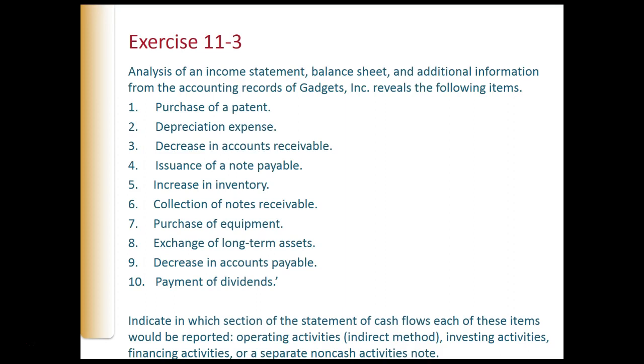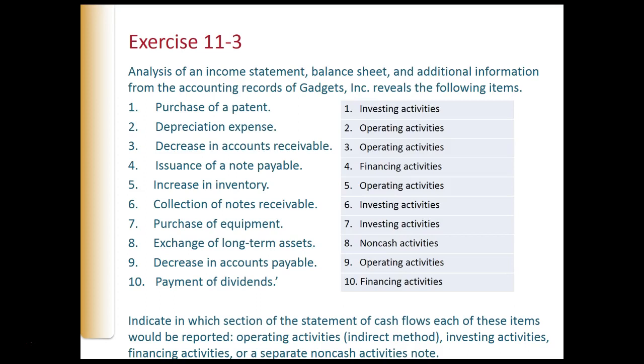Now remember, operating activities generally include those items on the income statement. So, purchase of a patent is an investing activity similar to purchase of equipment. Depreciation would be operating. An increase or decrease in accounts receivable would be operating.